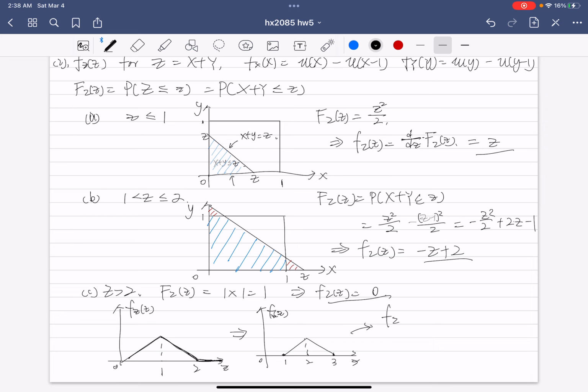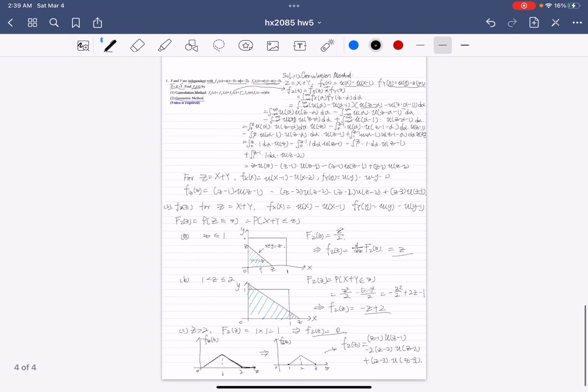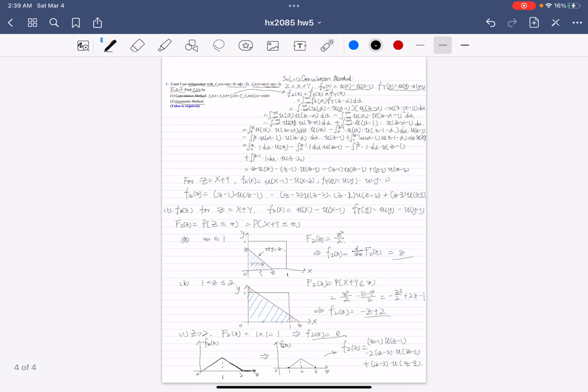Now we get the probability density function of z equal to (z minus 1) u(z minus 1) minus 2(z minus 2) u(z minus 2), plus (z minus 3) u(z minus 3). Okay, that's the solution of the first question of Hw5.